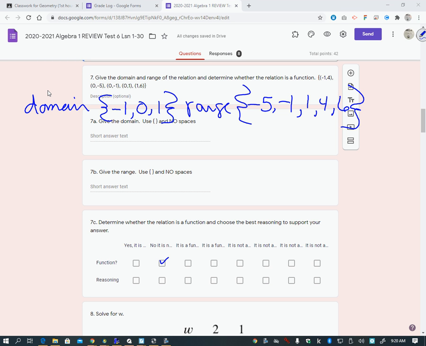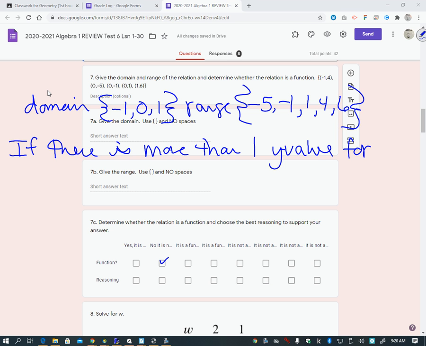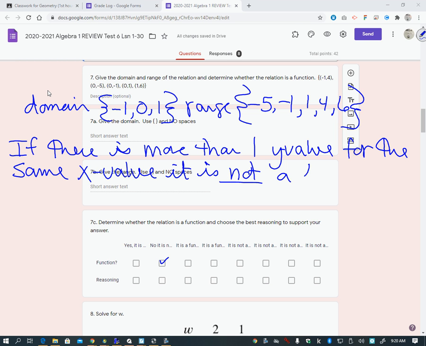So this is the sentence I want you to write down. This is what's going to show that it's not a function. If there is more than one y value for the same x value, it is not a function.